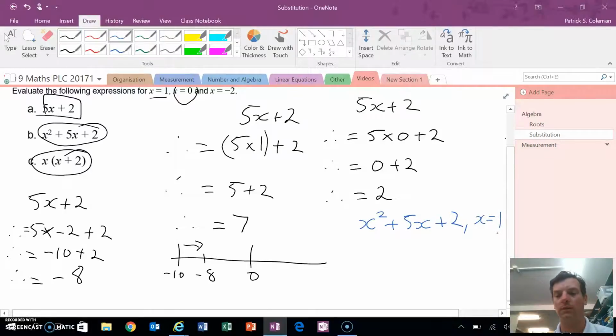So what we're going to do is substitute the value 1 every time we see x. So instead of writing x squared, we're going to write 1 squared plus 5 times 1 plus 2. Now hopefully we can remember our rules for this. So we do the square, which becomes 1. We can do 5 times 1 to become 5 plus 2. So the value for this expression is going to be 8.